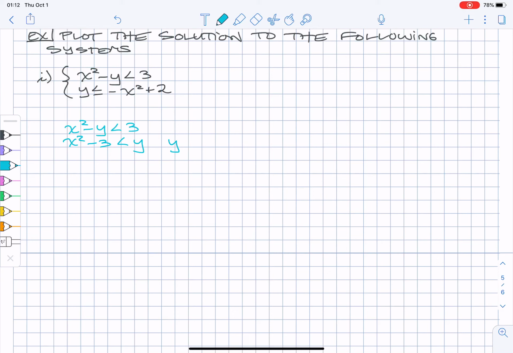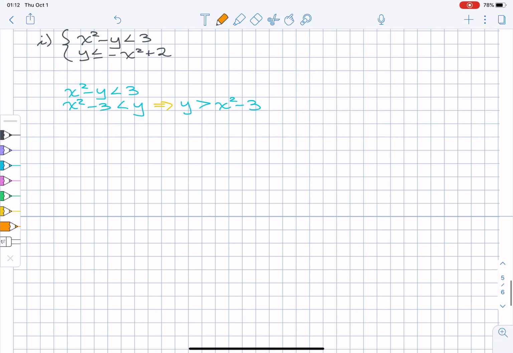This is the same as saying y is greater than x squared minus 3. So that means above where I shade.